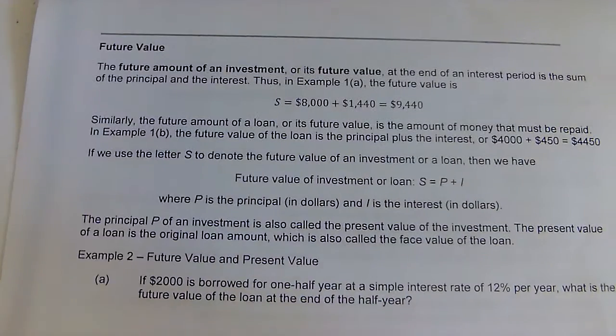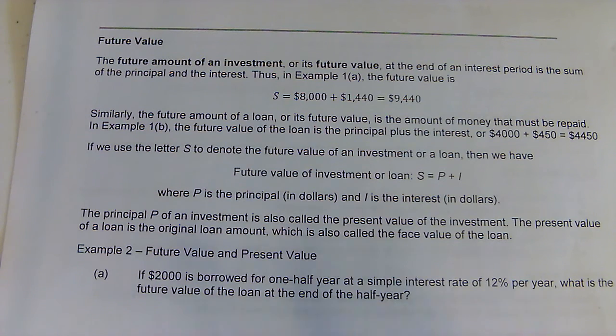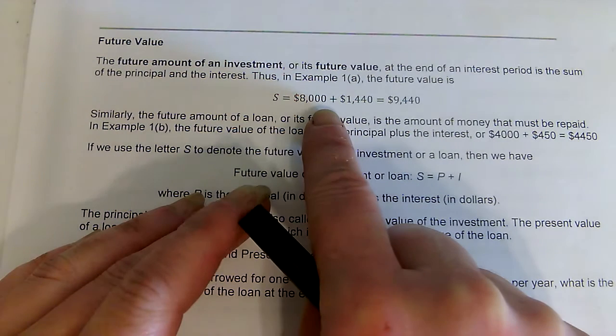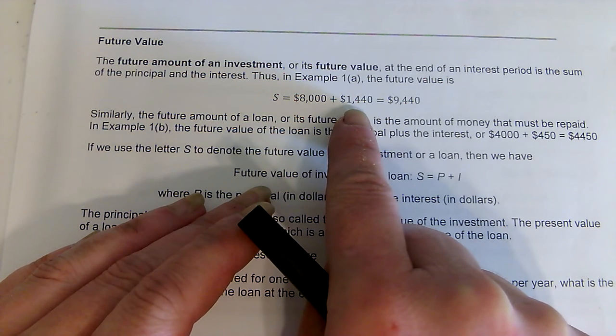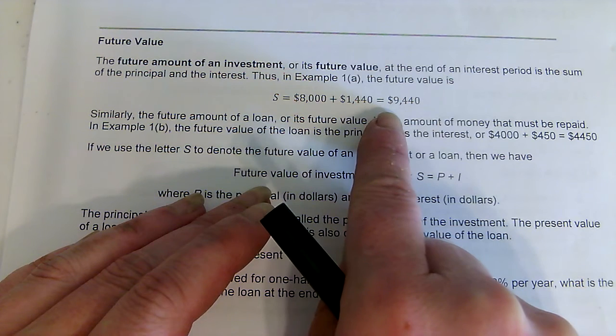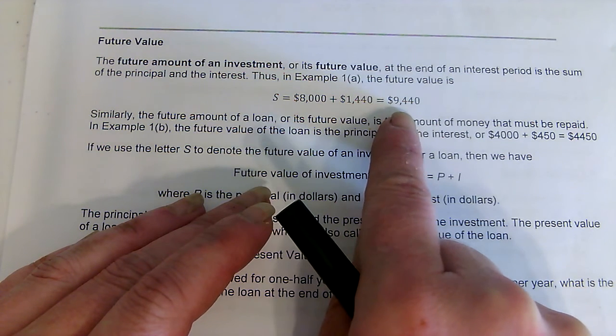All right. So what if we want to know the future amount of that investment, or the future value? Let's look at that $8,000. In 2 years, it made $1,440 in interest for a total of $9,440.